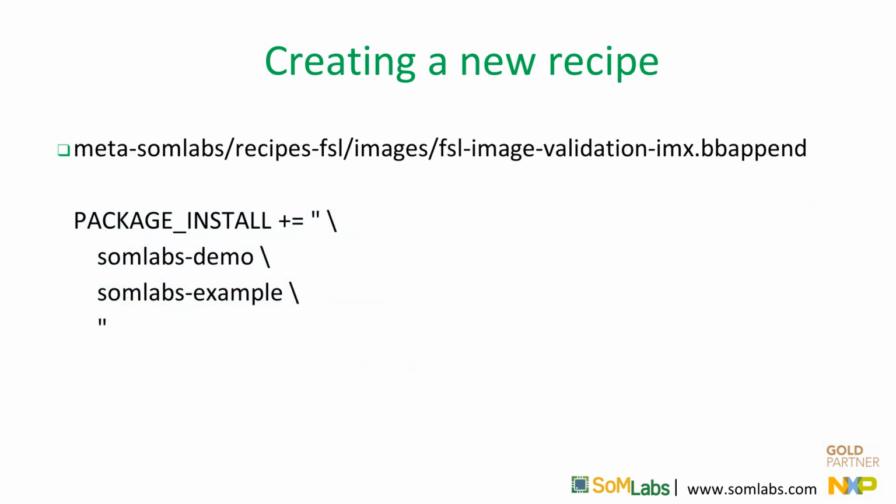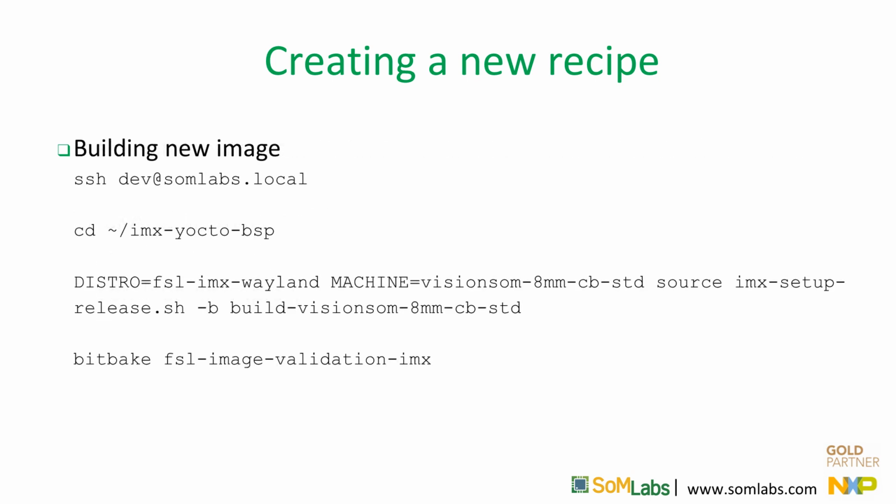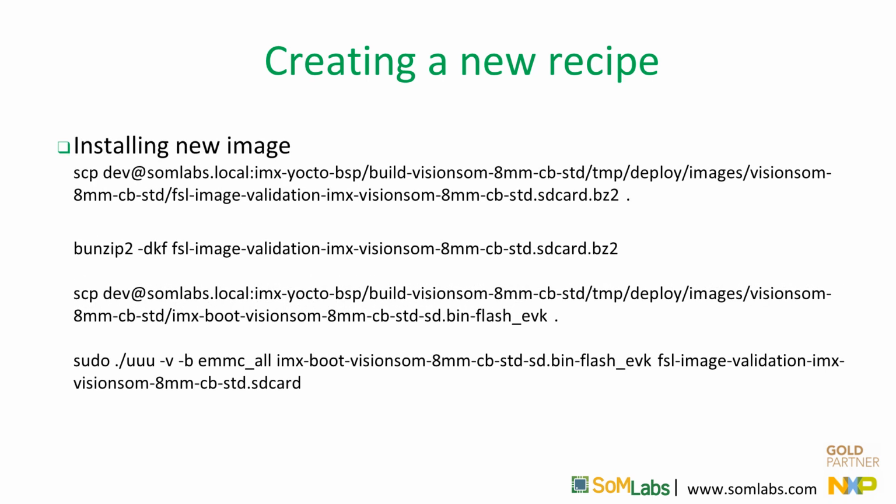For a recipe to be used during a build, it must be included somewhere in the compilation process. We will use the PACKAGE_INSTALL variable located in the file meta-SOMLabs/recipes-fsl/images/fsl-image-validation-imx8m.bbappend. After adding a new recipe to the list, we need to rebuild and install the entire system image as discussed earlier. After starting the system, we will see that our program is in the mentioned directory.